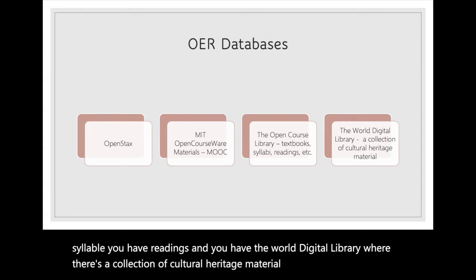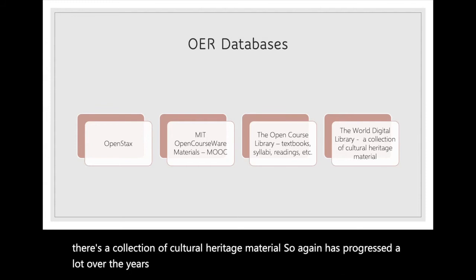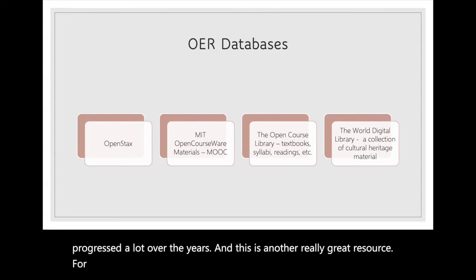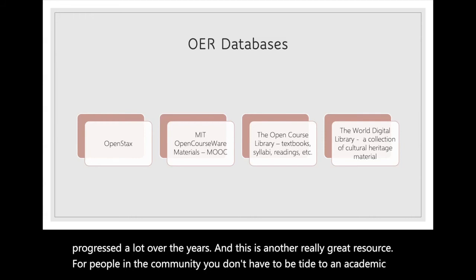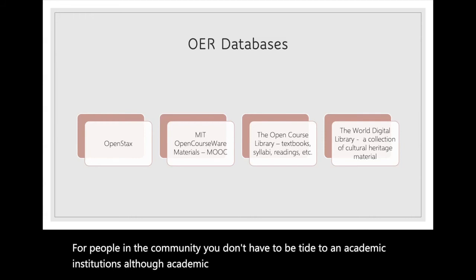So OER, again, has progressed a lot over the years, and this is another really great resource for people in the community. You don't have to be tied to an academic institution, although academic institutions are actually helping these to stay afloat.